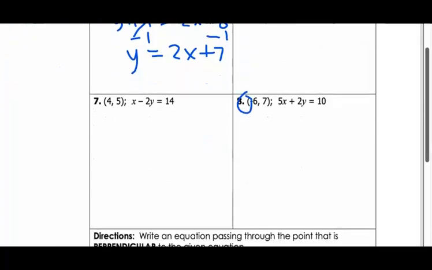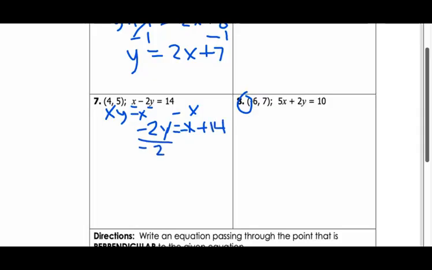Let's do 7. So x minus 2y equals 14. This one's a little harder because it's in standard form, because the x and the y are on one side. So let's move this over. Minus x. So it's going to be negative 2y equals negative x plus 14. All right, we're not done with this one.